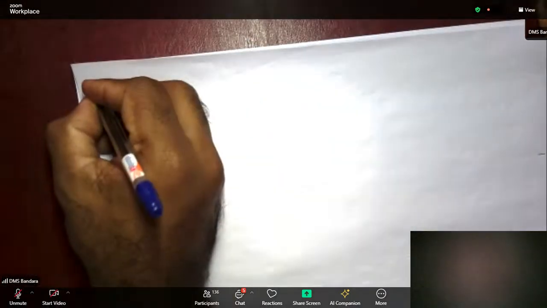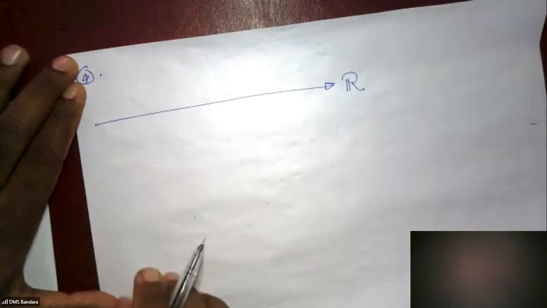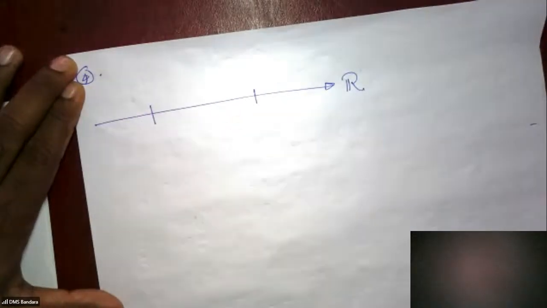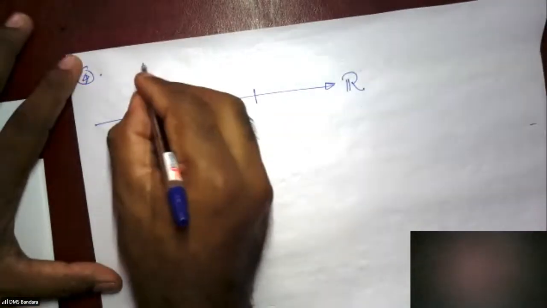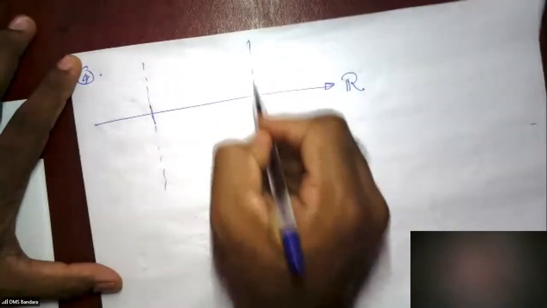Section number 4. This is a piecewise function. Piecewise function means how the function behaves on different regions. As an example, consider this real line.